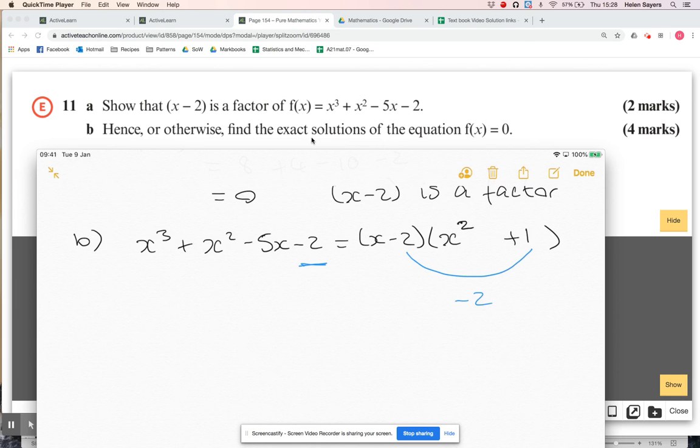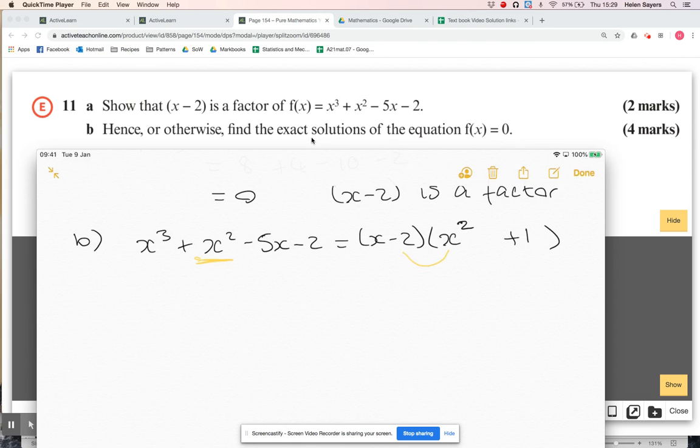So all I'm now missing is that middle term of the quadratic, so the x term in the quadratic. So I can get that from looking either at the x squared or at the 5x. So I'm going to look at the x squared, and then I'm going to use the minus 5x as a check. So if I were expanding out the brackets on the right-hand side, where would my x squared terms come from?